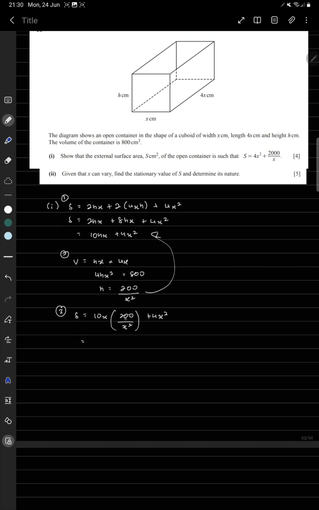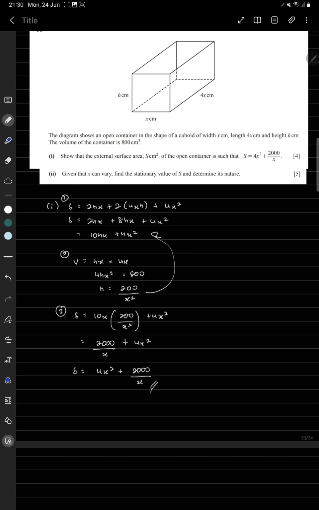Then S is going to be equal to 2000 over x plus 4x squared. And if you want to make it look exactly as the question, we'll just move things around. So 4x squared plus 2000 over x. Done.